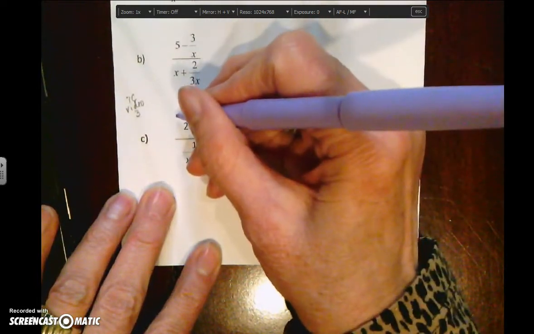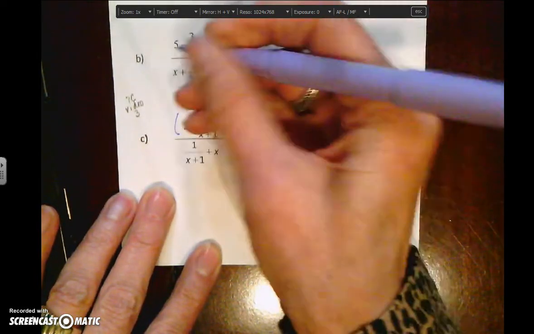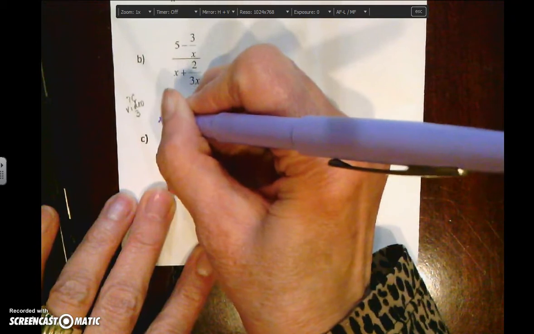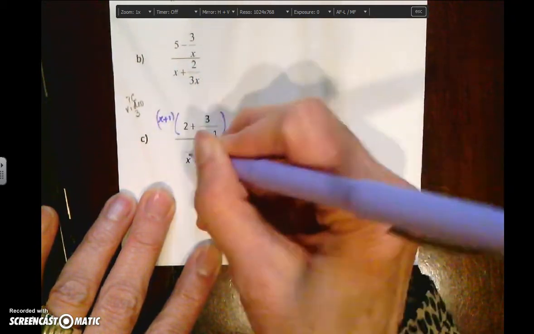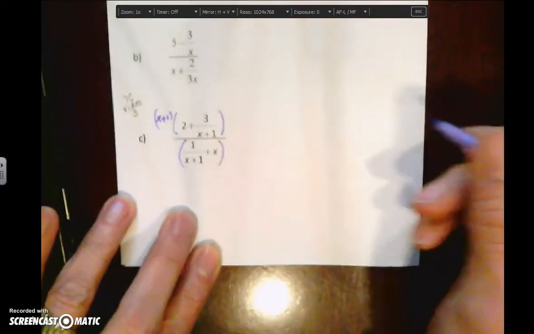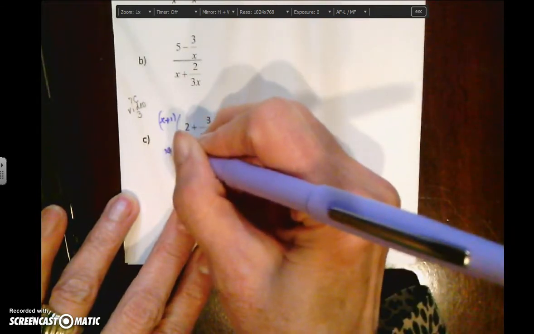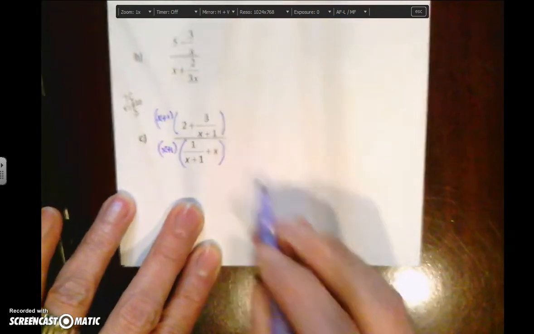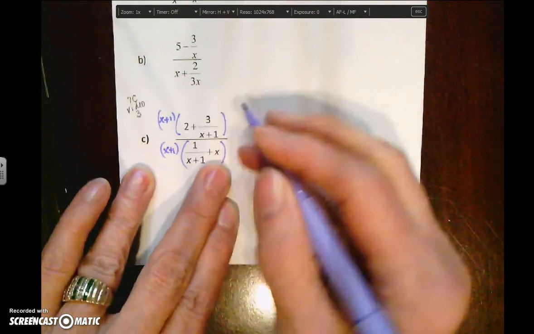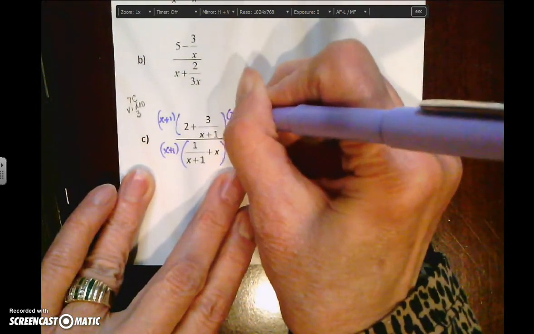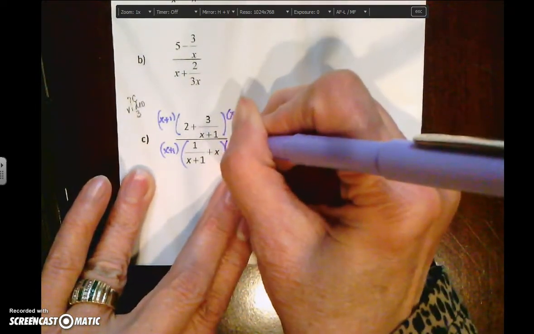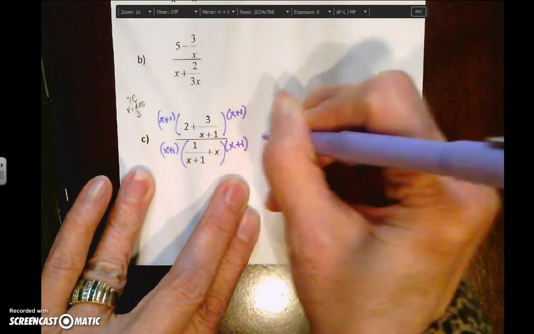So we want to multiply the numerator by that LCD, which is x plus 1, and we also want to multiply the denominator by x plus 1. And when we distribute it, we'll want to also multiply the second side by the x plus 1.